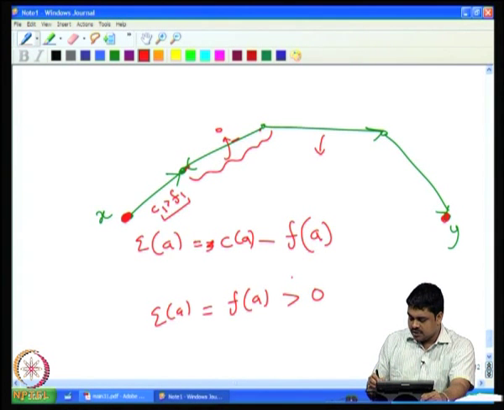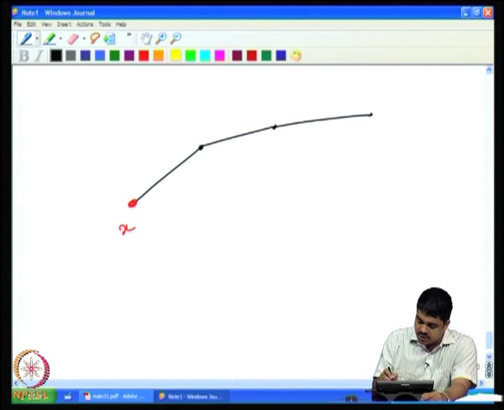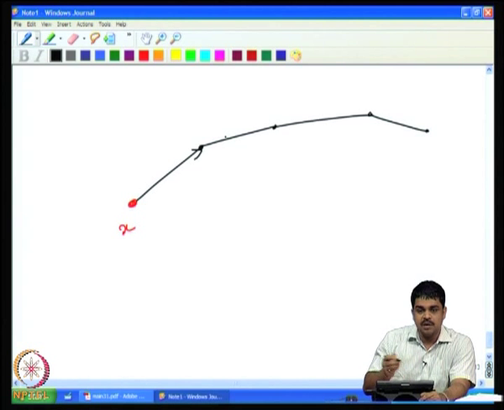Now we will define a path starting from the source x. A path is an unsaturated path if it consists of edges that are not yet saturated: if it is a forward edge, it has not achieved the capacity fully, and if it is a backward edge, the flow value is not 0, it is a little more than 0.